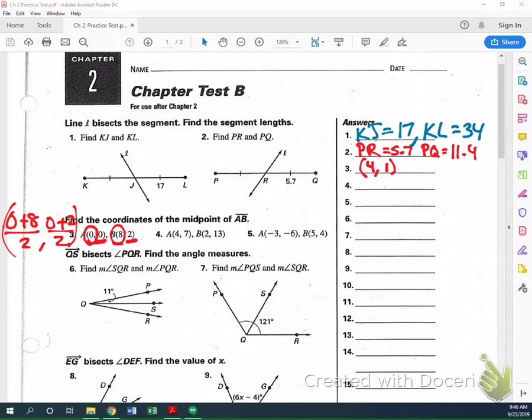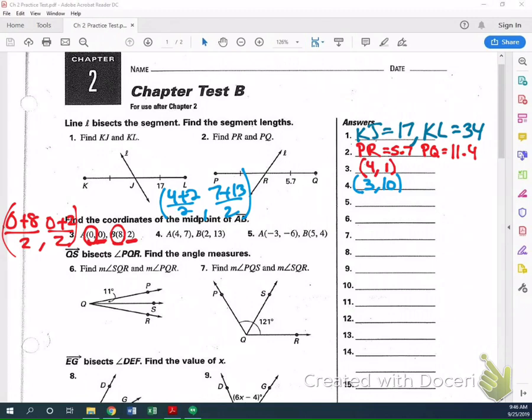Same thing on number 4. Here the 4 and the 2 go together. Divide by 2. The 7 and the 13 go together. Divide by 2. So you get 6 divided by 2, which is 3. And 7 plus 13, which is 20. And 20 divided by 2 is 10.